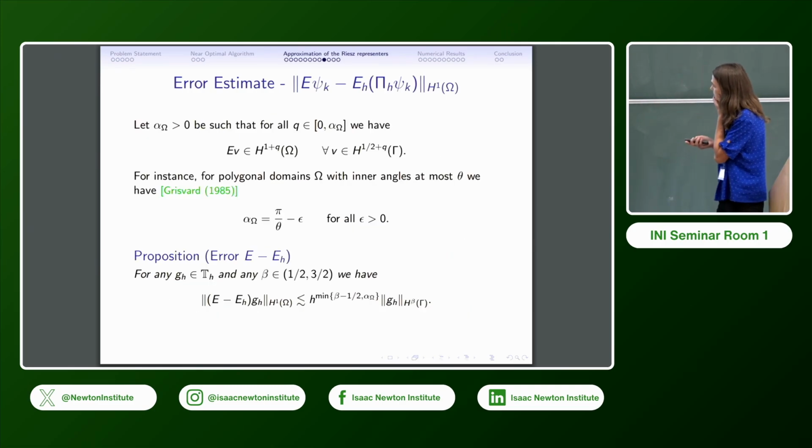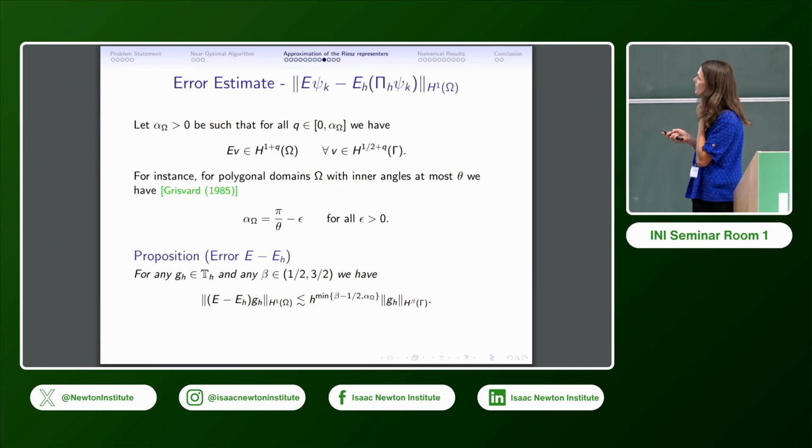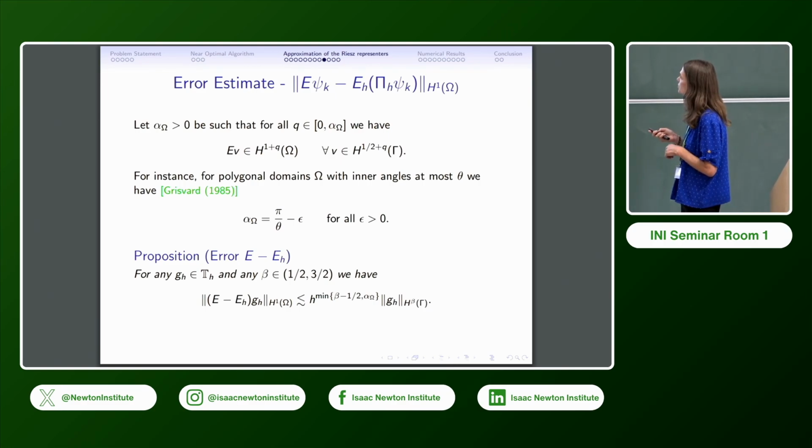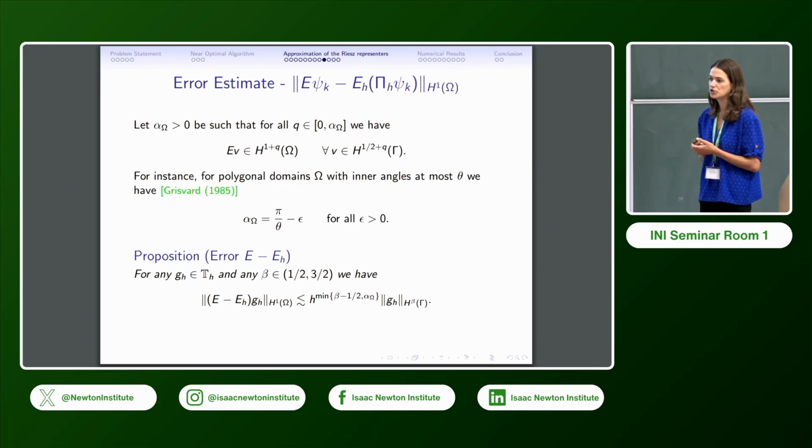For the second one, what we have entering into the picture is this alpha that was also mentioned earlier today, which is basically the regularity of the harmonic extension operator. So if I have a function v in h1/2 plus q, then the harmonic extension of v will be in h1 plus q for all the q between 0 and alpha.